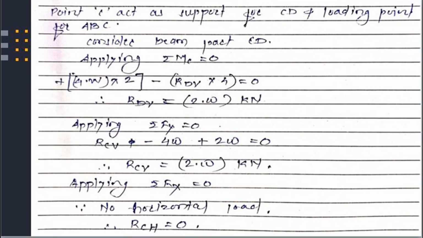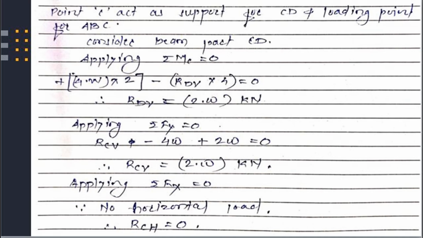Now consider beam part CD. First of all, taking moment about point C and equating it to 0. Here 4W will rotate about point C in clockwise direction, and perpendicular distance of that force about point C is 2 meters. Therefore, moment of that force about that point is equal to plus 4W into 2.